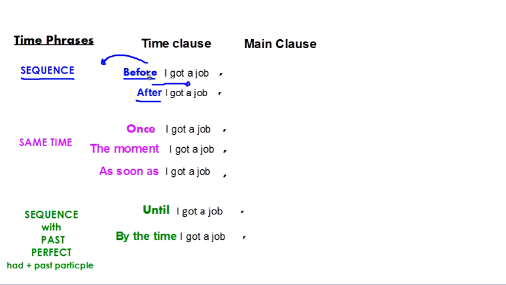So if I think, what happened before I got a job? Well, before I got a job, I didn't have any money, obviously, right? Or after I got a job, I started saving money, okay? So remember, before and after are for sequences. One thing happened before another, or one thing happened after another.